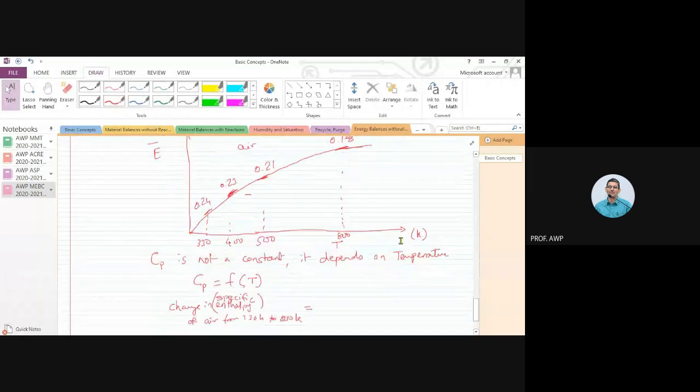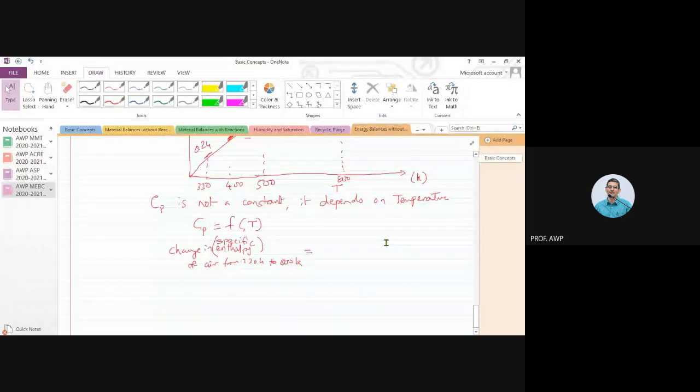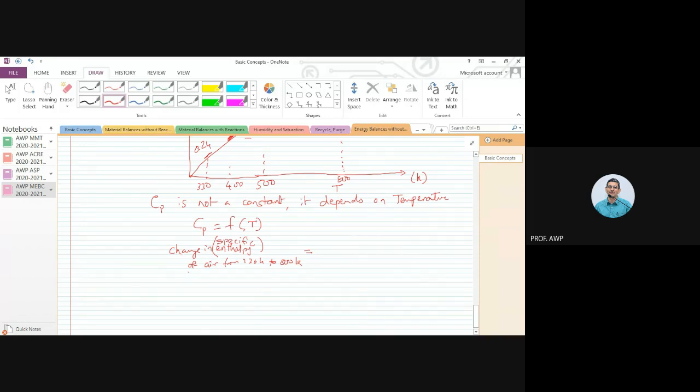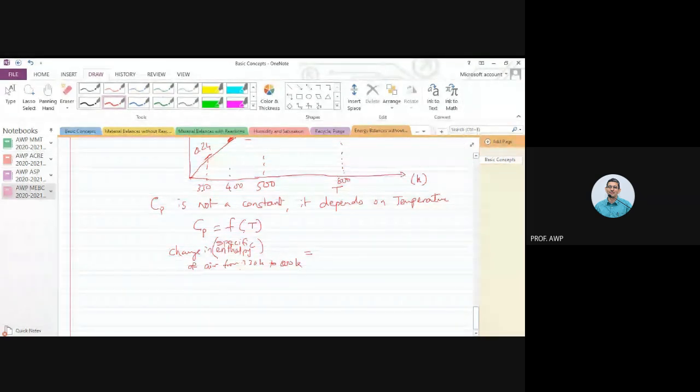How will you calculate the enthalpy required, or change in specific enthalpy of air, from 330 Kelvin to 800 Kelvin? How will I calculate that, if Cp is a function of temperature?